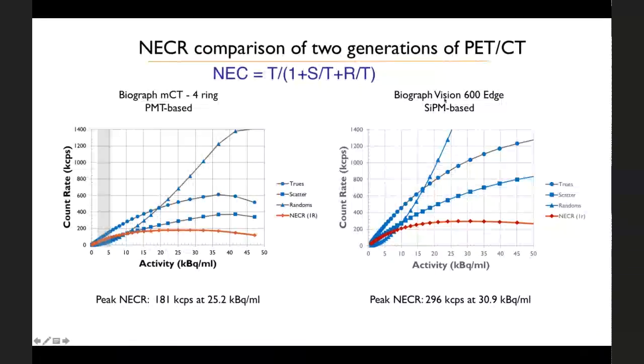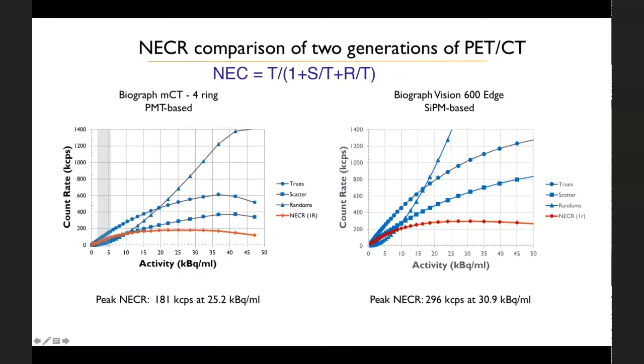So we have also, as I said, the SiPM-based system, and this is, as much as possible, a comparison between the two of them. And we can see a couple of things which are quite different between these two. If we look here at the trues, we notice that it just keeps rising and rising and rising. So we don't have this problem with dead times out past where we can actually measure it.